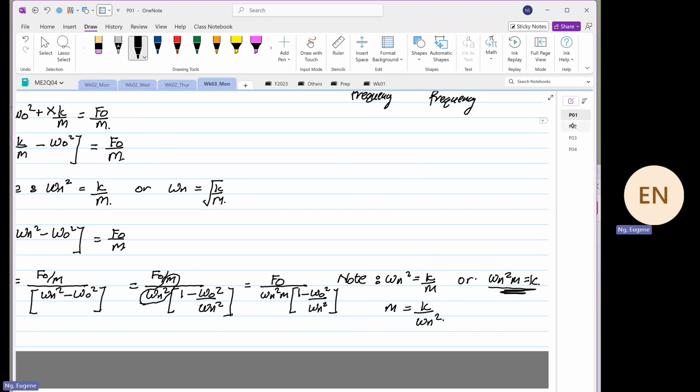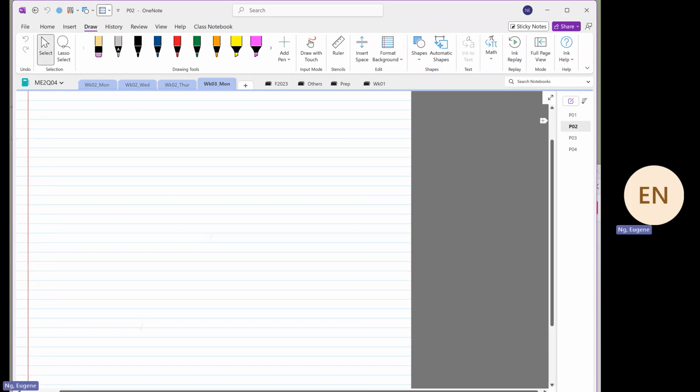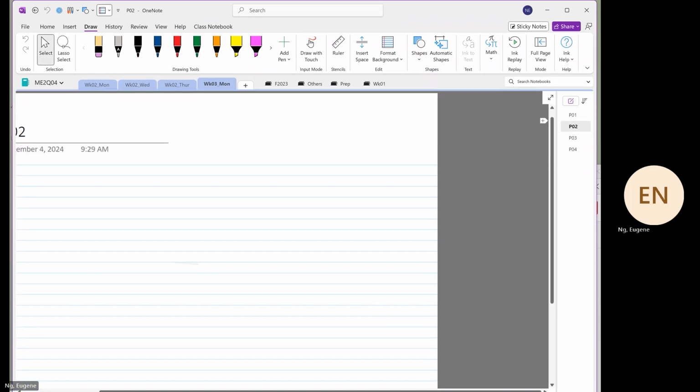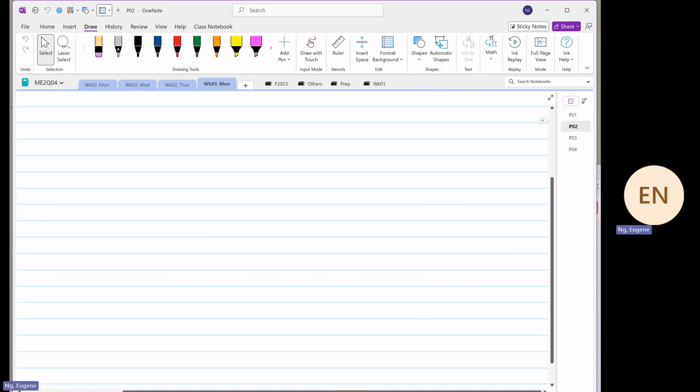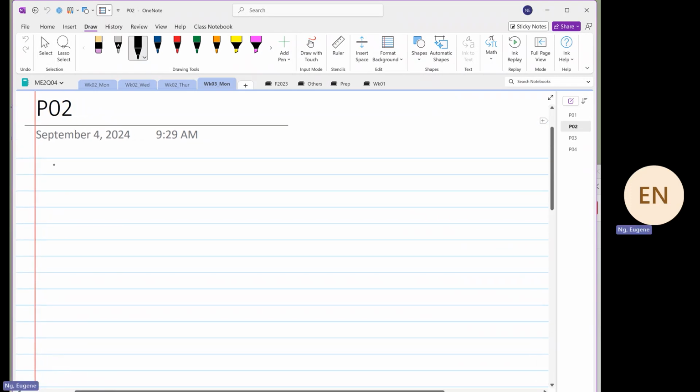So from here, we can write out x: x will be equal to f naught over k, times 1 minus omega naught squared over omega n squared.